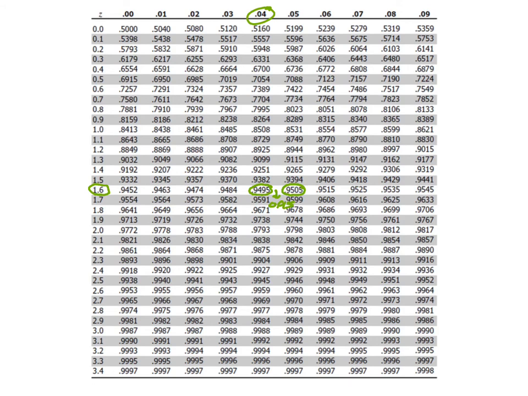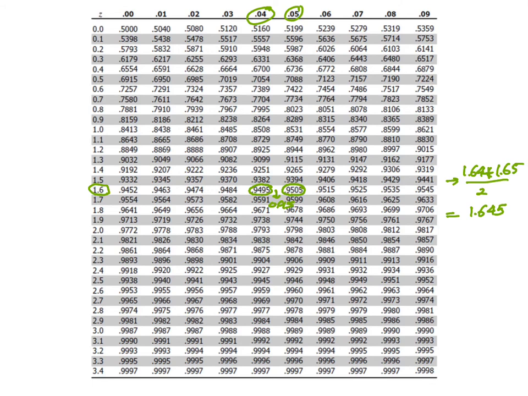When the area to the left of a z-score is 0.9505, the z-score is 1.65, okay? And so if we average those, 1.64 plus 1.65 divided by 2, that gives you 1.645, okay?